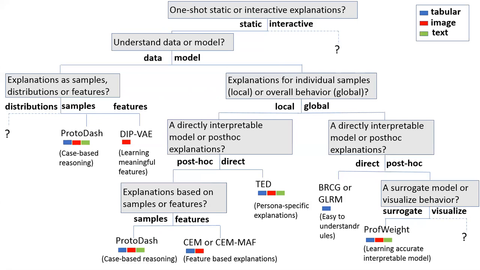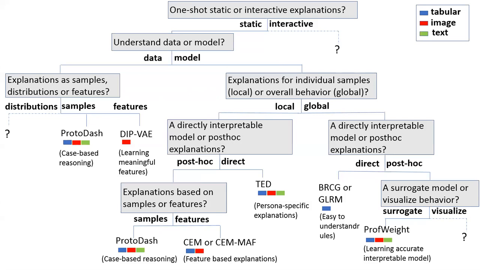But nonetheless, even under the static branch, you can either try to explain data or you can try to explain a model. Although most of the work has been on the AI model space, the data space is also interesting. Under data, we have essentially 2 algorithms which can explain data sets by summarizing them compactly in terms of a few samples.